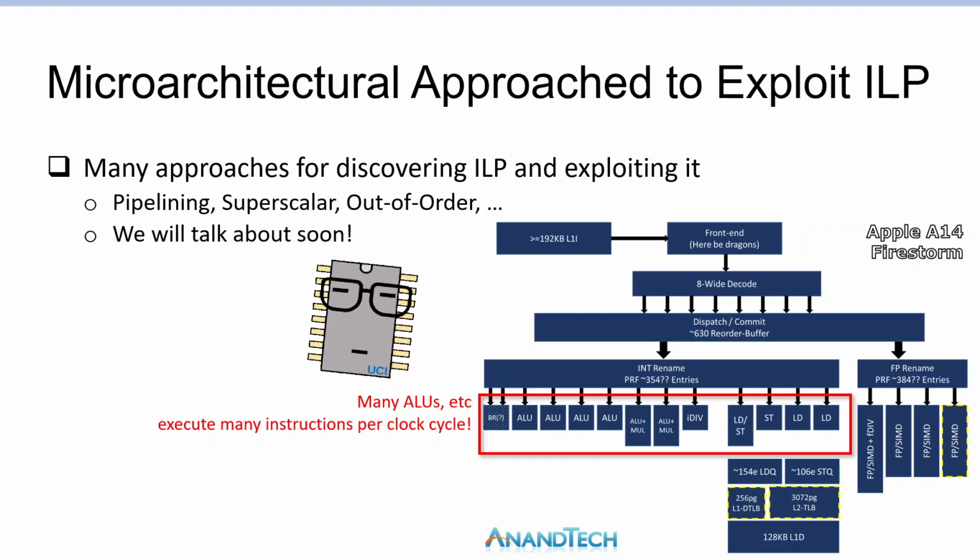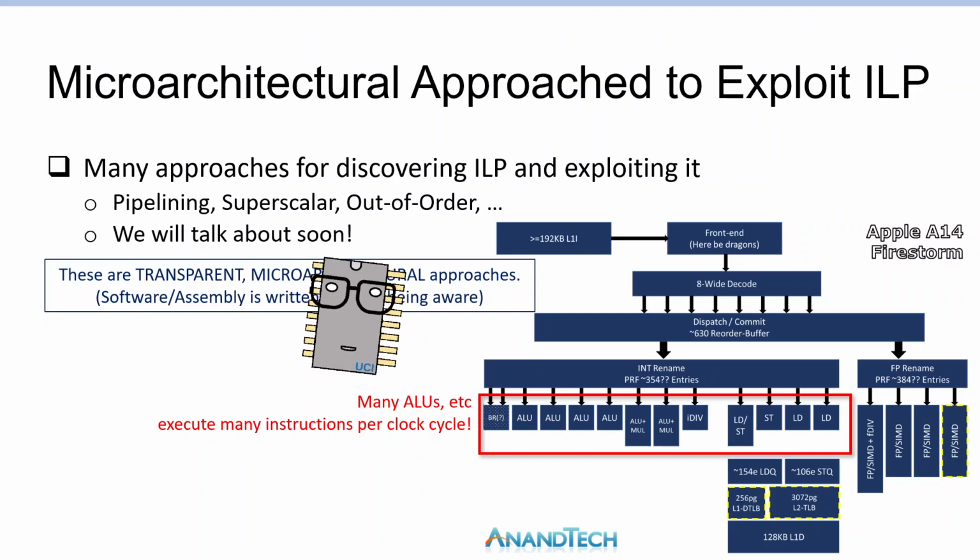Because we expect this processor to be able to identify and extract instruction level parallelism and extract multiple instructions that can be executed at the same time, we are provisioning more than one ALU so that we can operate on more than one instruction at a given time.